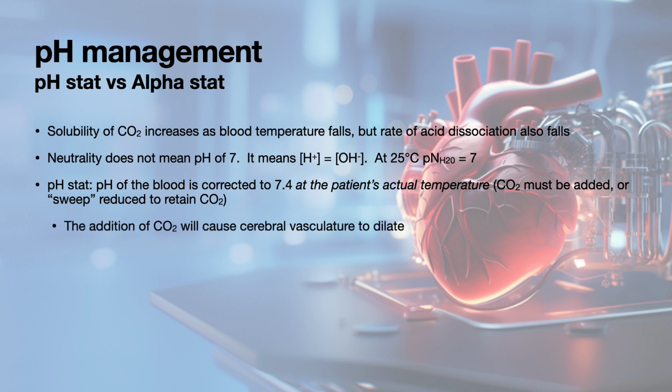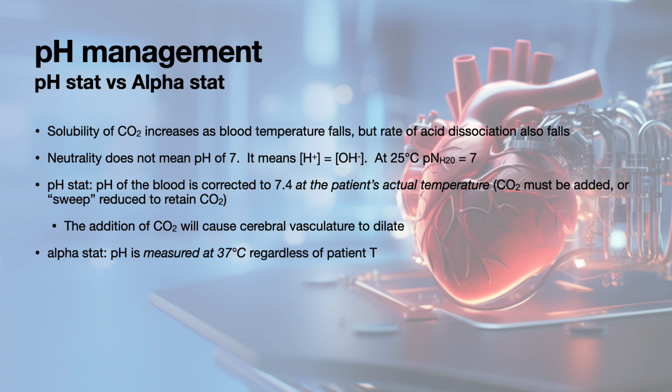The increased CO2 in the blood will have the effect of dilating the cerebral vasculature, and this can be quite useful to rapidly and uniformly cool the brain, but it may lead to a higher embolic load to the brain. The benefit of a more rapid and even brain cooling tends to be pronounced in babies and children. The risk of an increased embolic load, however, makes a pH stat approach less useful in adults.